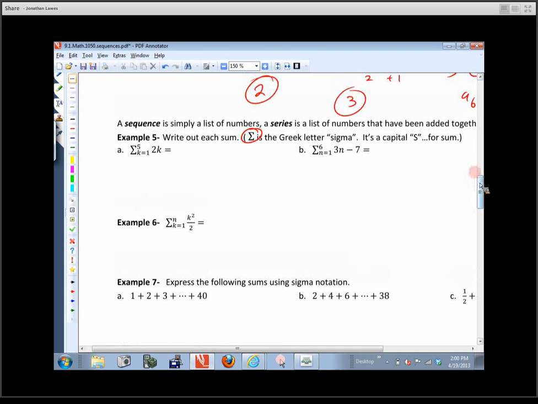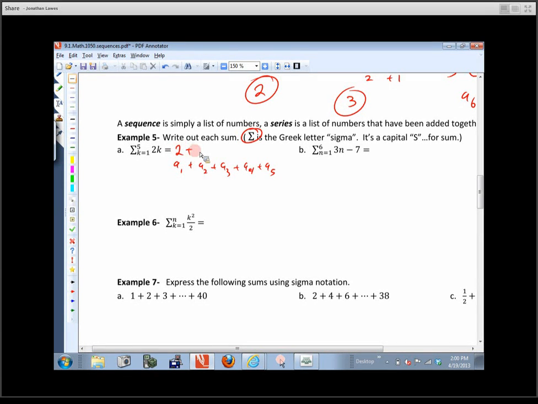Good one. Okay, so here's what we do. Again, if you have any trouble with this, you can write out what's the first term, what's the second term, what's the third term. In this case, I start out with a 1, and where do I stop? I stop when I get to the 5th term. So if I plug in a 1, the first term is a 2. Write a plus.